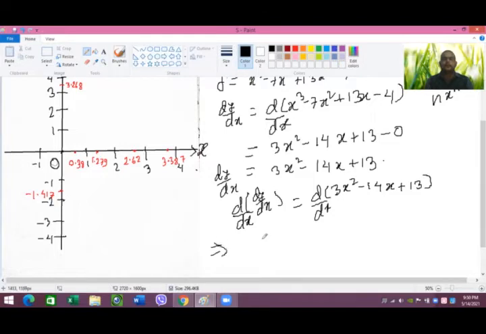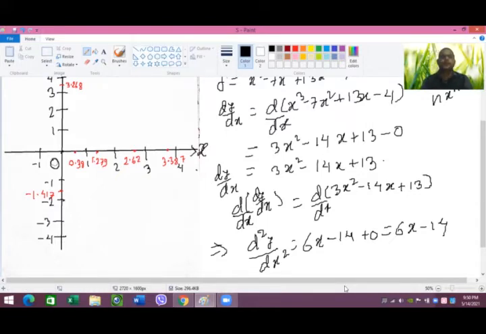So this side you can write the second order derivative as d2y over dx squared. If you take the derivative of this, 2x, so 2 times 3 is 6x minus 14, and this is constant, so it is 0. So the second order derivative is going to be 6x minus 14.